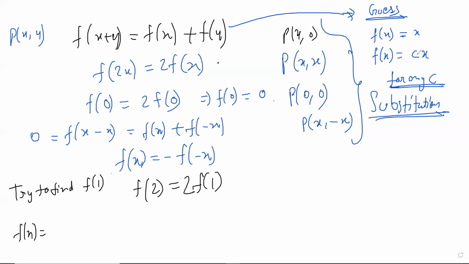Because now you can immediately see that there is no hope of finding f of 1. It's not possible to find it. There is no fixed value of f of 1, right? It can be anything. So we will take f of 1 as given.